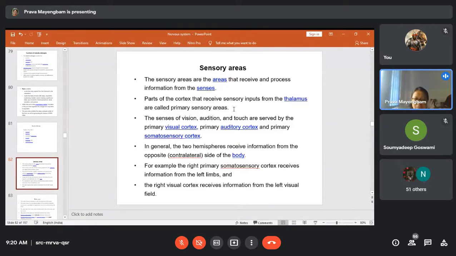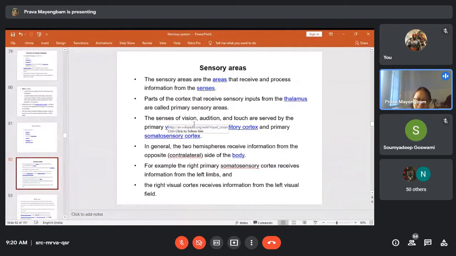So you may be asked, what are the sensory areas in the cortex? These are the portions of the cortex that receive sensory inputs from the thalamus, and they are called primary sensory areas, which receive only from the thalamus.